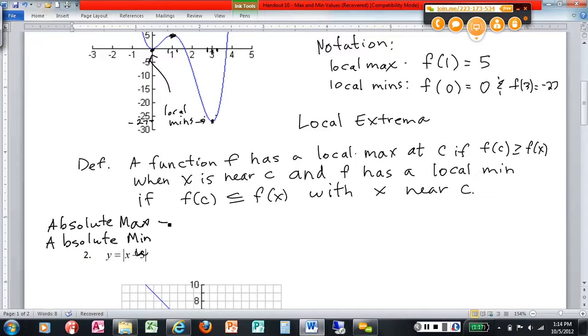Well, an absolute max is this: it's the largest function value over the entire domain, or specified domain, if it's restricted domain.